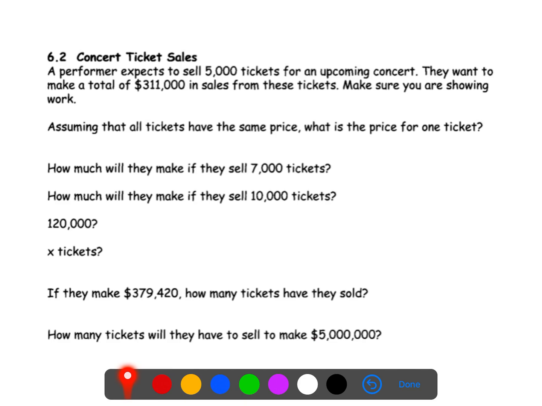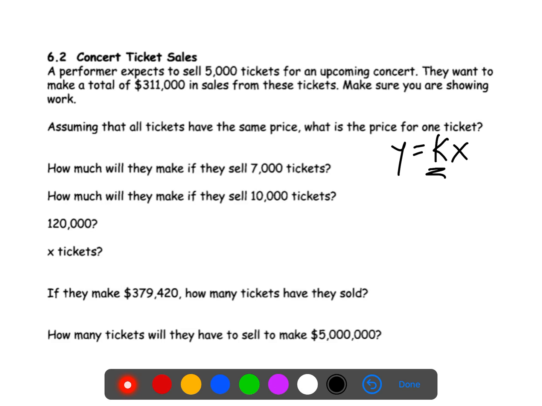Now, we could most certainly make a table. We are going to be using equations a lot in solving what we're trying to do here today. So by finding that unit rate, the price for one ticket, that will tell me how to write an equation for this. Remember, I'm trying to fit the format y equals k times x. I need to find k, I need to find that constant of proportionality.